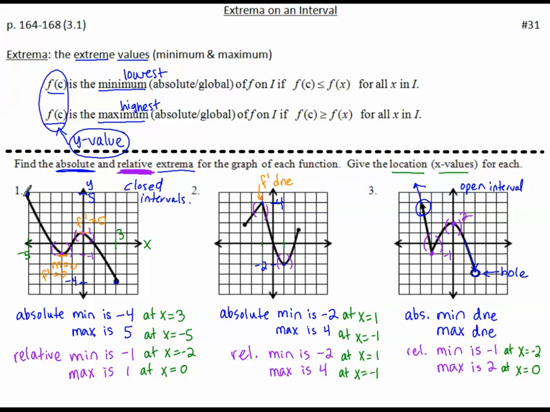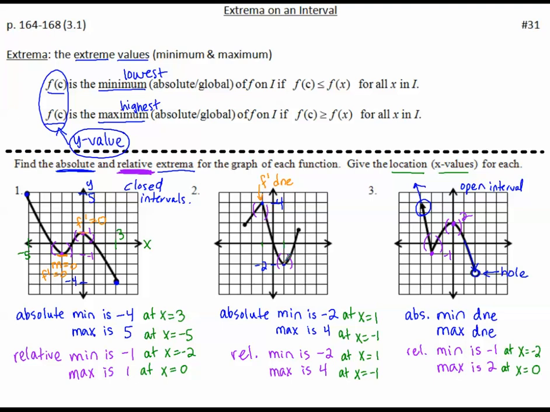So let's think back to that first picture where we can have absolute maxes and mins. In this first picture, they happened at the endpoints. Here was our absolute max, here was our absolute min. In the second picture, our absolute max and mins happened at hills and valleys, so at the critical numbers, where there was a turning point in our graph or something critical happened, like a drastic change in slope.